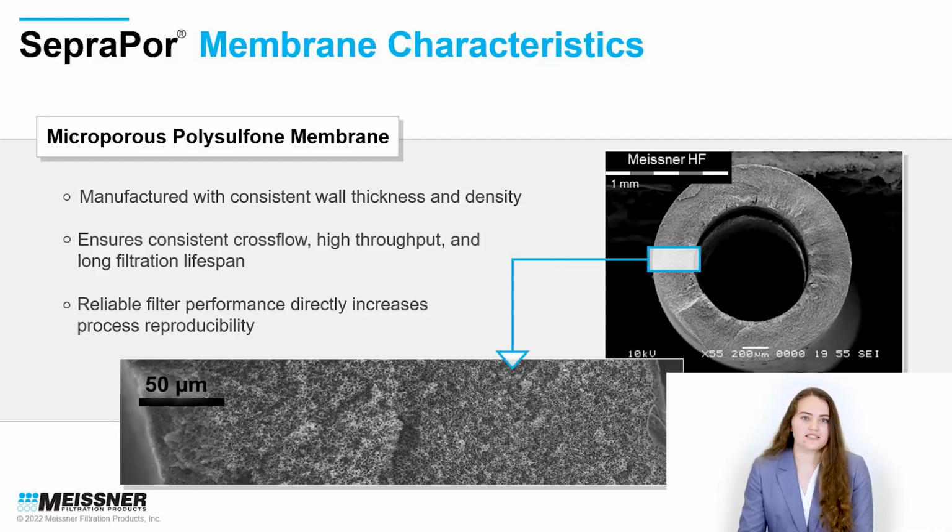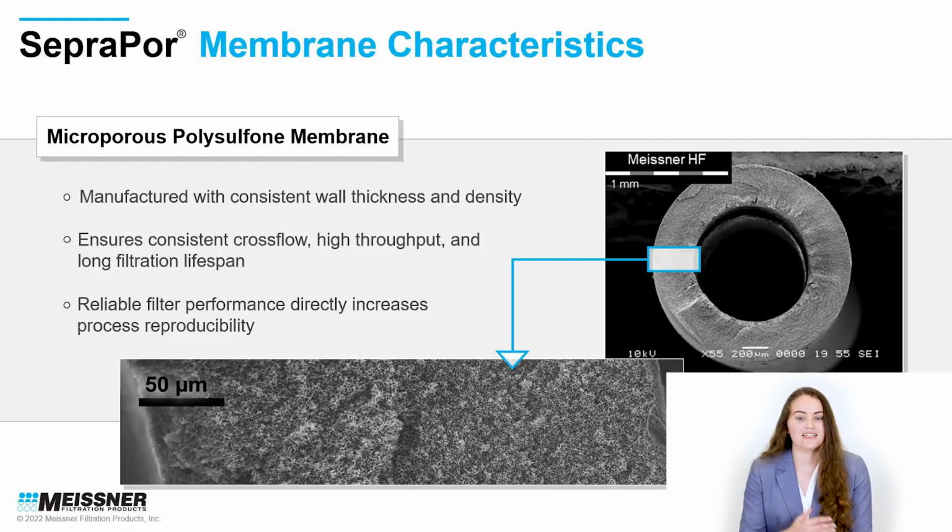We recognize that consistency is one of the major challenges associated with integrating tangential flow filtration into your process. Correcting filter variability could require changing other process parameters to maintain batch-to-batch performance. This is why it is so important to have consistent filtration for your application.